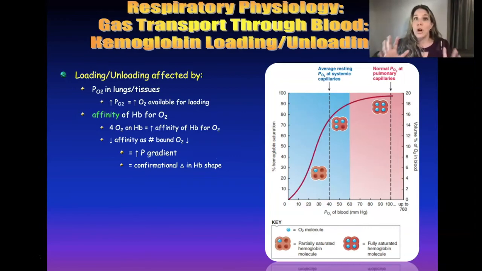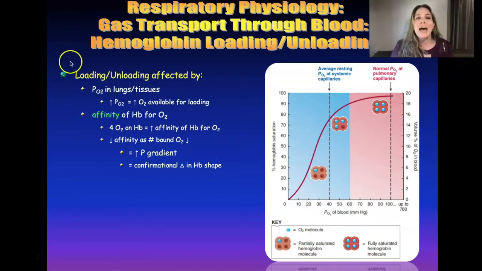That created a large pressure gradient, and that oxygen wanted to flood into those capillaries from the lungs. Well, now it's all in the capillaries. And so by the time it's in the systemic circuit, there's a lot of oxygen there. The pressure of oxygen is going to be very high in the capillaries compared to the pressure of oxygen in the tissues, where the tissues are using up oxygen as fast as they get it for cellular respiration.